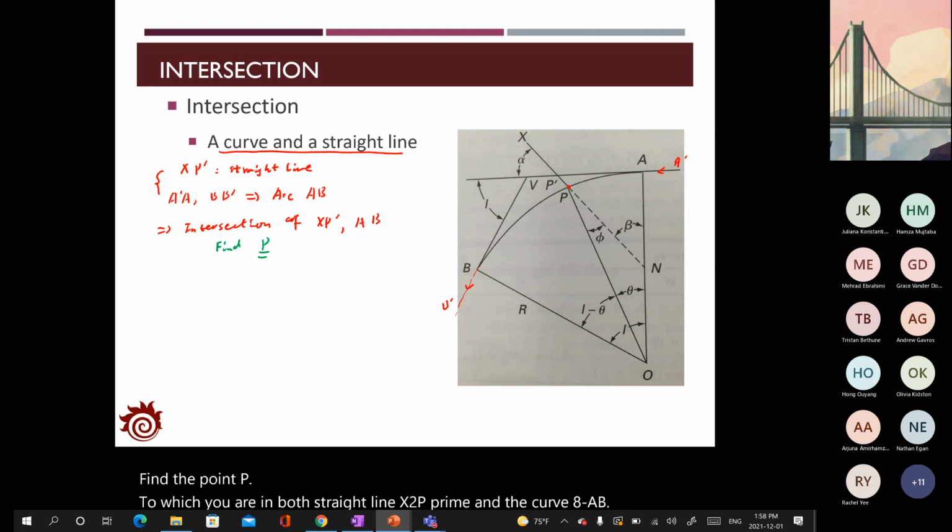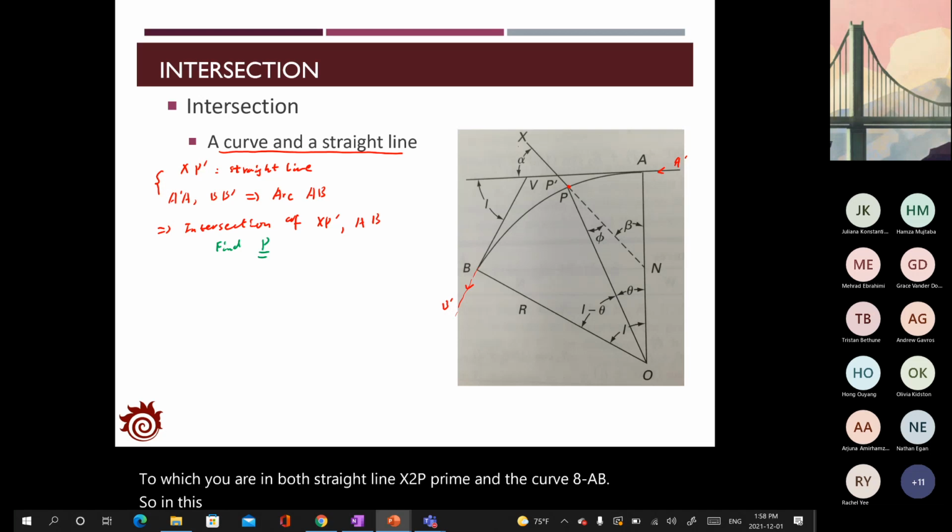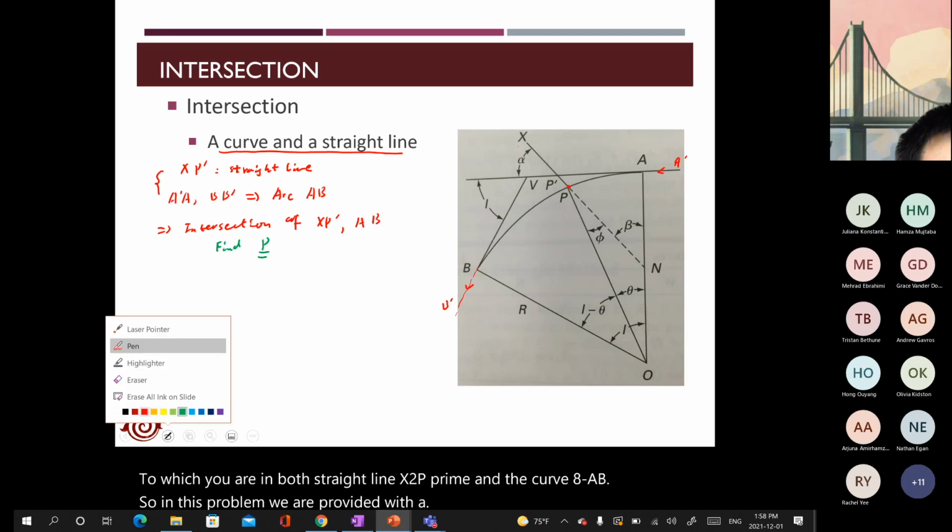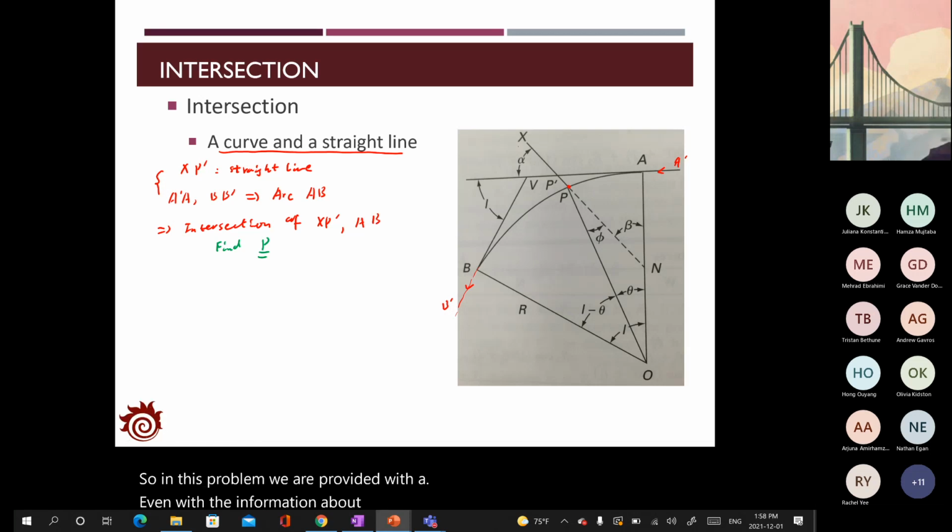So in this problem, we are given information about the angles of the arc. We are given the angle A to B, which is I in this graph.